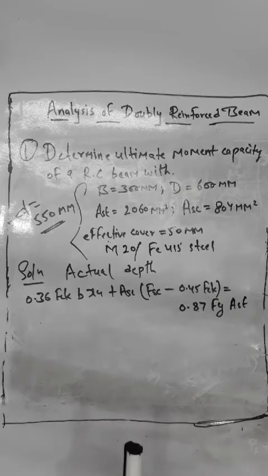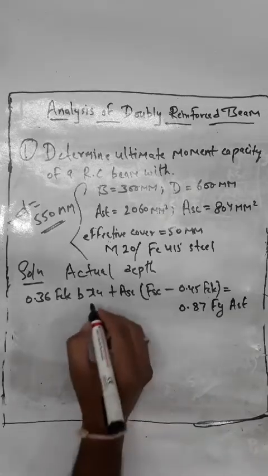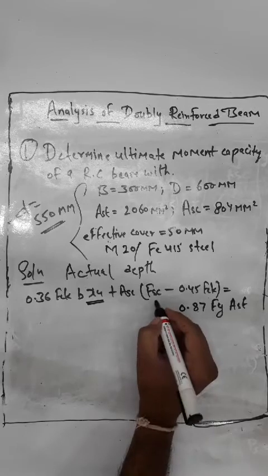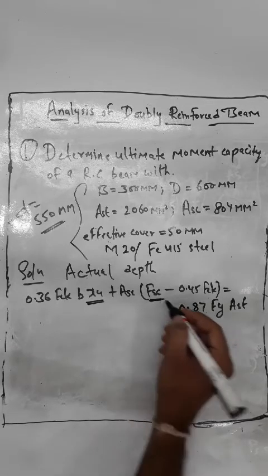So we have to find xu, but in this condition we have two unknown values, as fsc is also there.